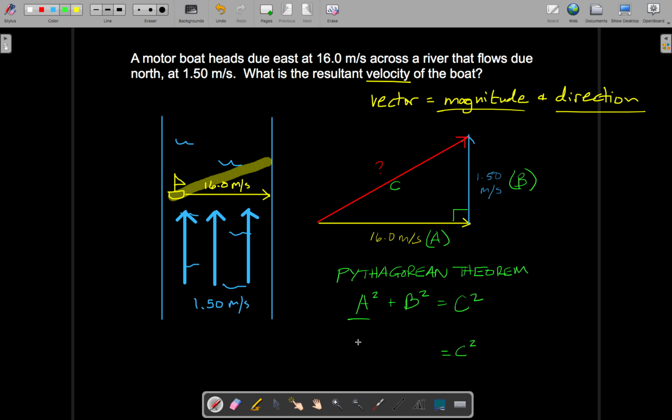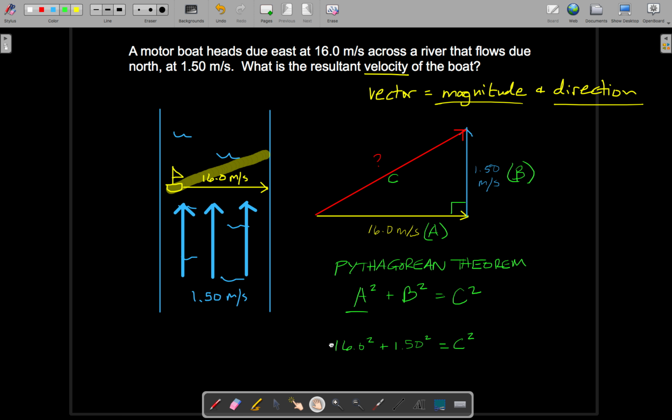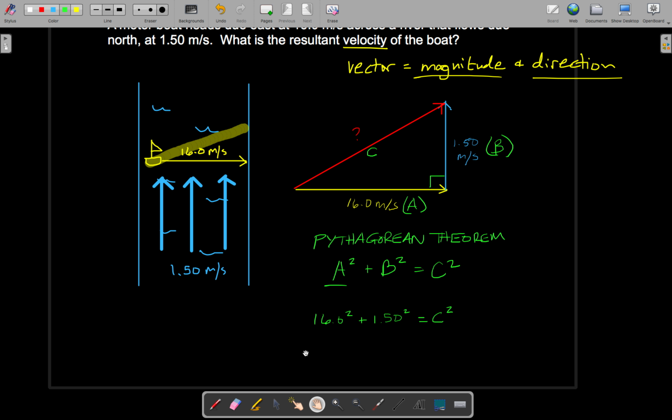So c squared equals a, which is 16.0 squared, plus b squared, which is 1.50 squared, and that gives you the resultant, which would be c squared. So let me just go ahead and punch in the data. Keep in mind that you do have to square the values because that's what the equation says. So this one turns out to be 256.